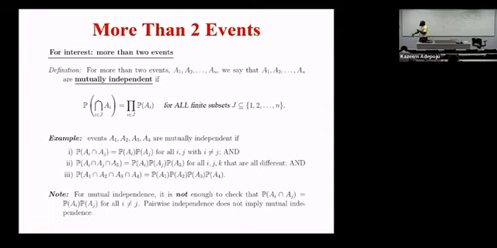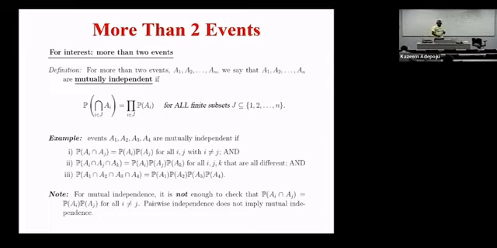You need to verify whether, when you look at them in pairs, are they independent? When you look at them in threes, are they independent? And when you look at all of them together, A1, A2, A3, A4, are they also independent?